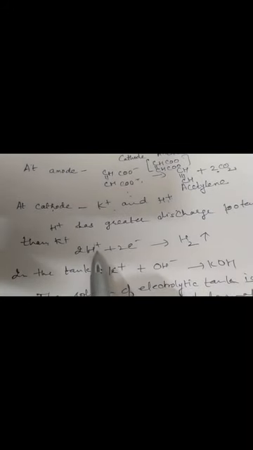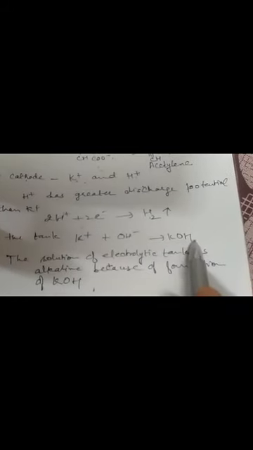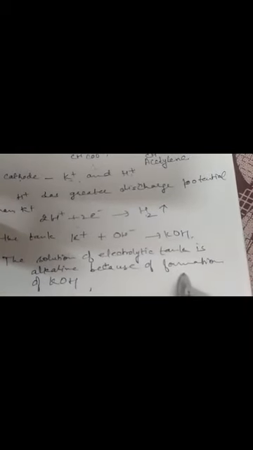So two H ions take up two electrons to give hydrogen gas. In the tank, potassium ions are there. Also, from the dissociation of water, hydroxide ions were there, and the solution of KOH is there in the tank, making it alkaline. That's all with the methods of preparation of acetylene.